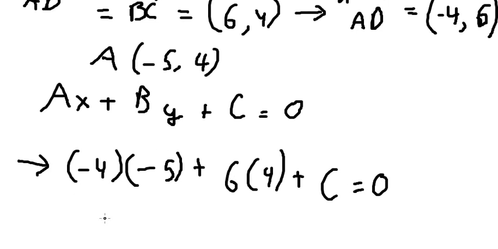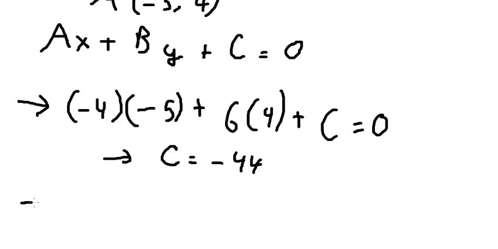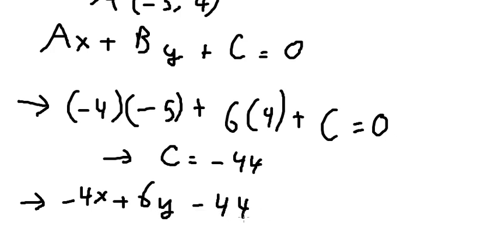So we calculate this one, and we can find the value of C equals negative 44. So we have negative 4x plus 6y minus 44 equals 0.